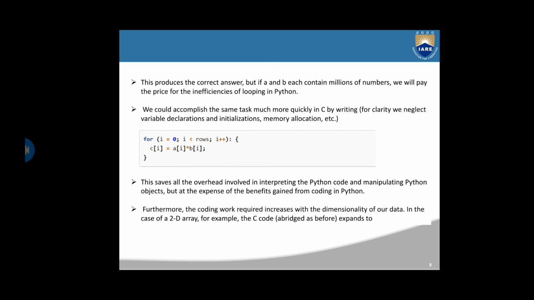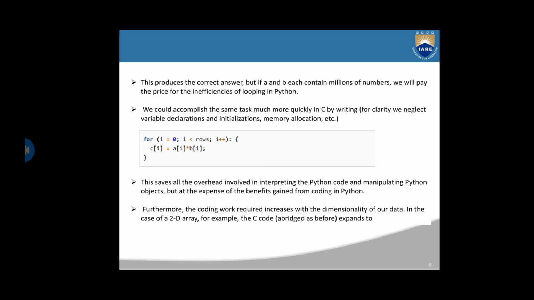This produces the correct answer, but if A and B each contain millions of numbers, we will pay the price for the inefficiency of looping in Python. We could accomplish the same task much more quickly in C by writing the following.